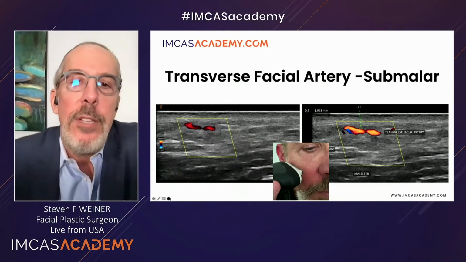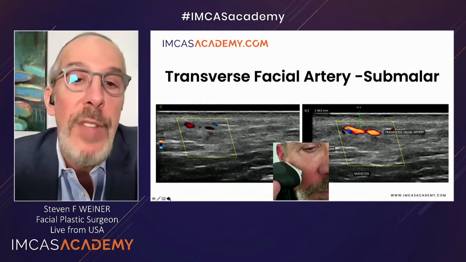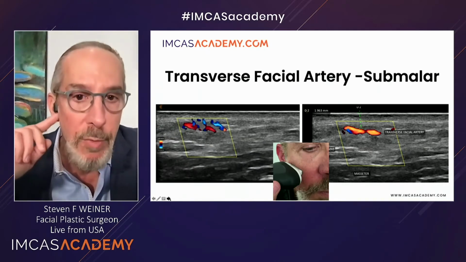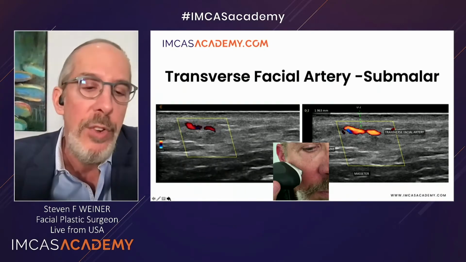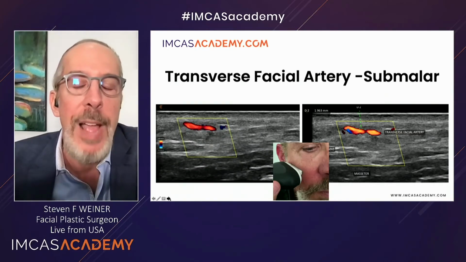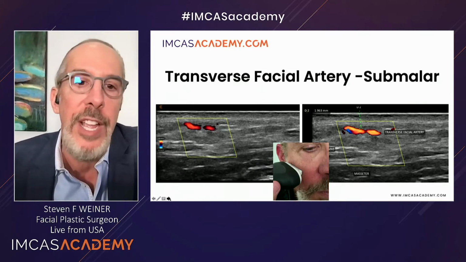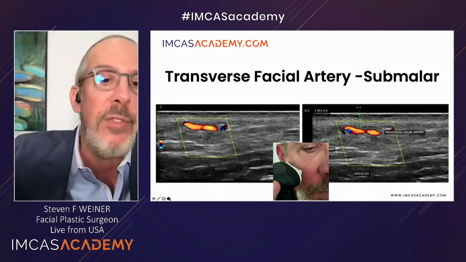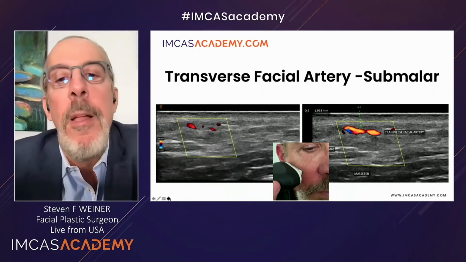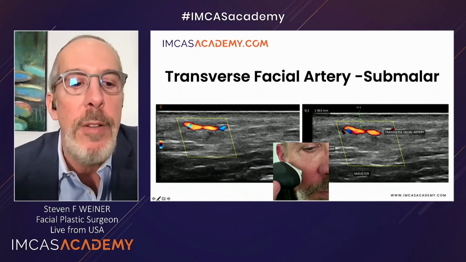So the transverse facial artery comes off of the superficial temporal artery in the preauricular area, and it goes through the parotid gland, and then it goes along the parotid-masseteric fascia as it goes anteriorly. And then it pierces through the SMAS and hooks up with the infraorbital artery. So this is an important artery, causes a lot of headaches for some people.